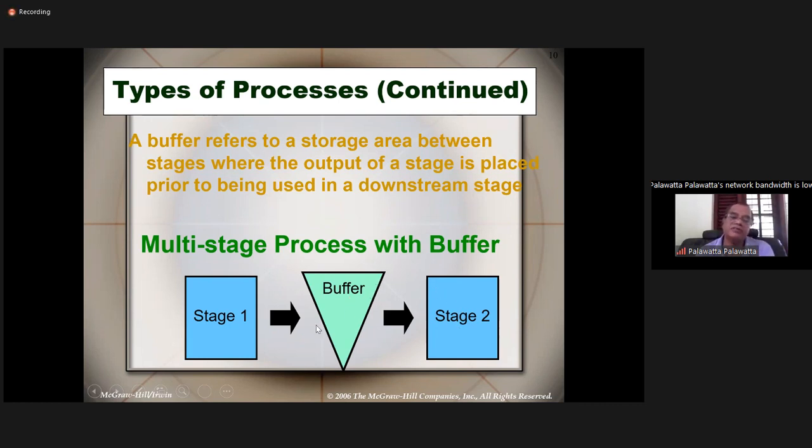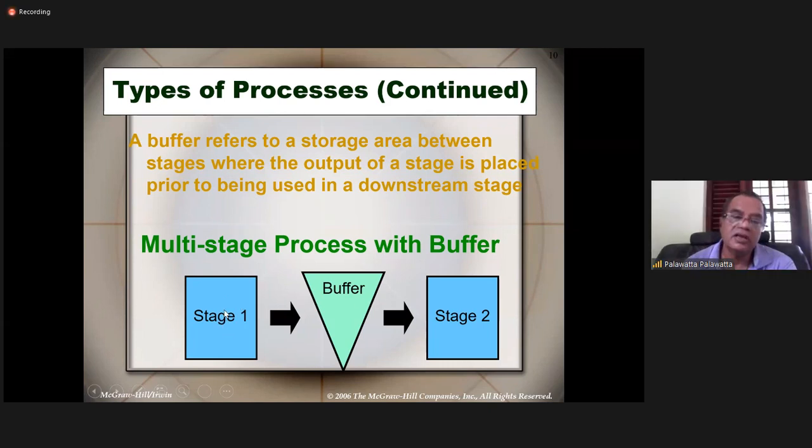And then the buffer's positive role is, let's say, the stage 1 and stage 2 capacities are different. Let's say if stage 1 is faster than stage 2, all items processed in stage 1 cannot be used in stage 2.